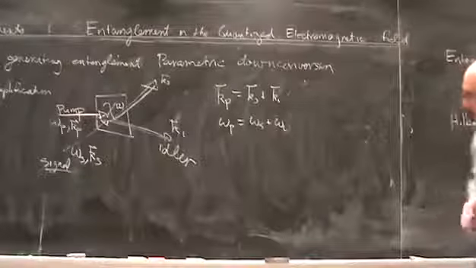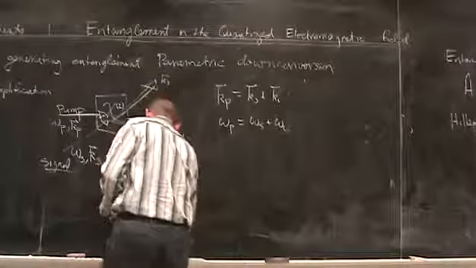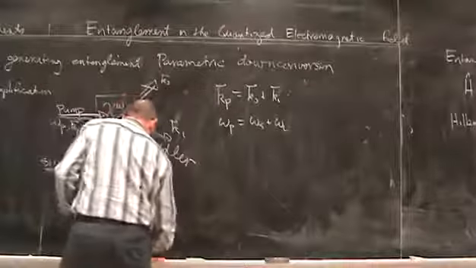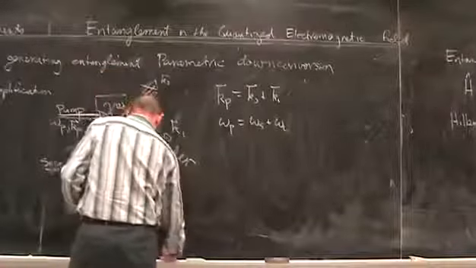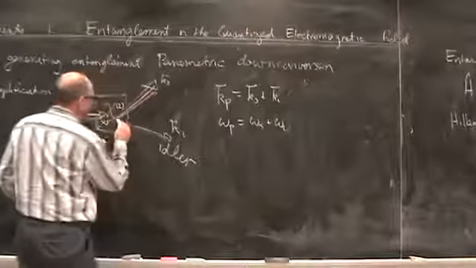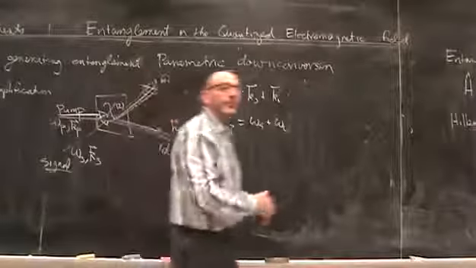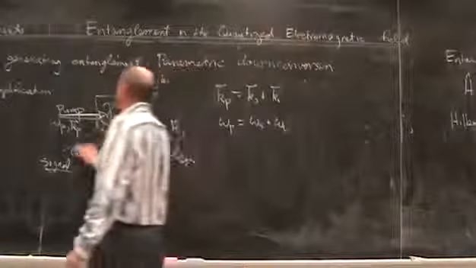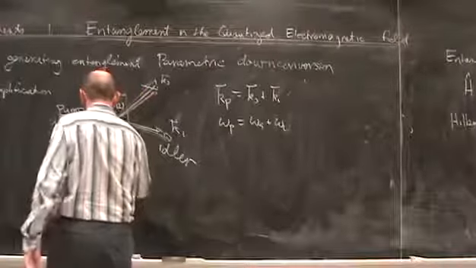I'm going to try to draw some colors on here. So I might have, for example, a pump come in, and I have some red and yellow photons come out that satisfy the phase matching condition. However, if I don't have the signal here, then this is a spontaneous process.